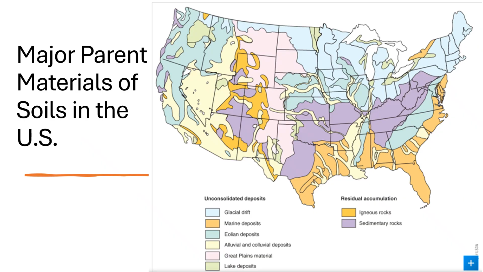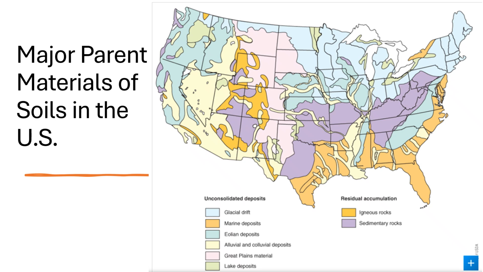So what we'll do in class is take all of those agents of change, or agents of transport, and map out, diagram if you will, all those terms and some characteristics that put all of that together, and review those terms. Again, vocabulary: we're learning the language of soil science, so learning those terms will be important. But now that we understand aspects of parent material, let's see how it plays out across the United States.